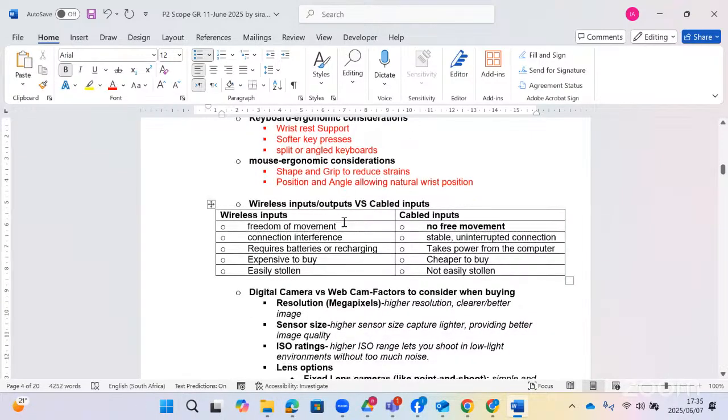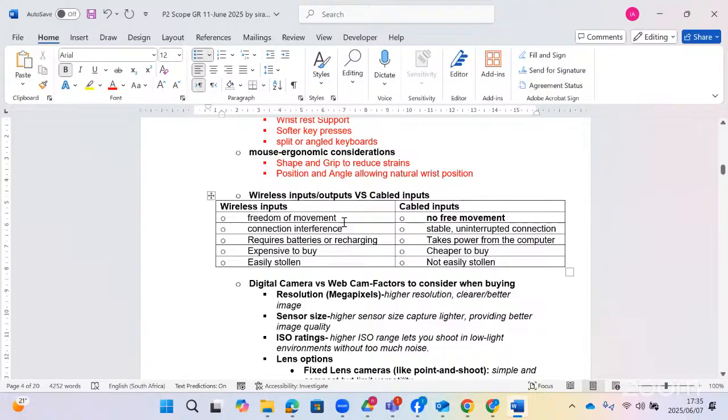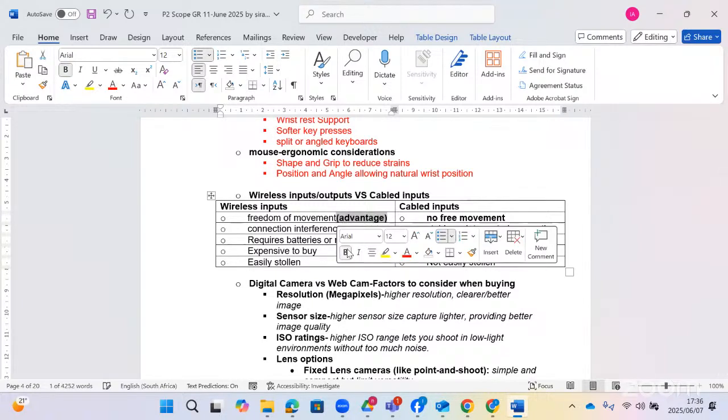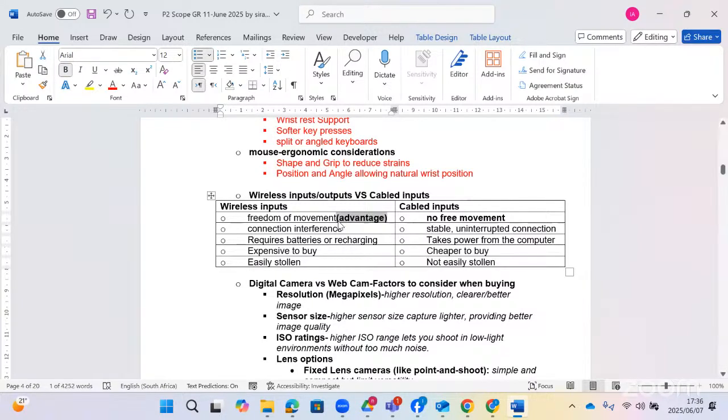Again, you must consider whether it's wireless or cable. Now, how do we compare these two? When we talk about the wireless, the advantage is freedom of movement. So this is the advantage of wireless. And don't forget, it could be a wireless keyboard, wireless mouse, or a wireless speaker or headset.